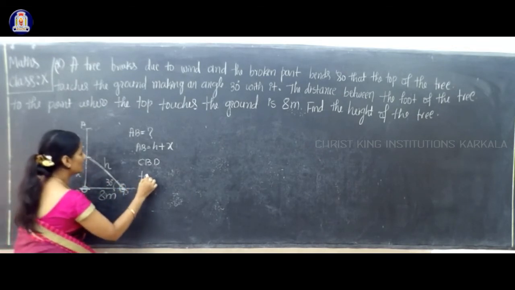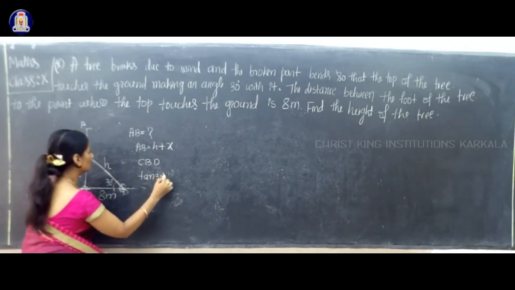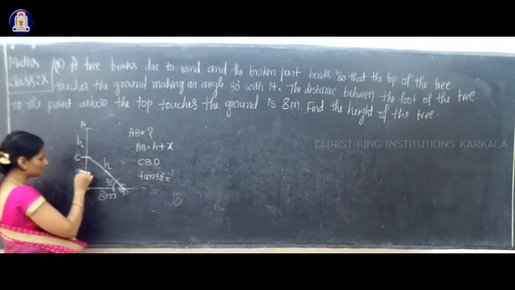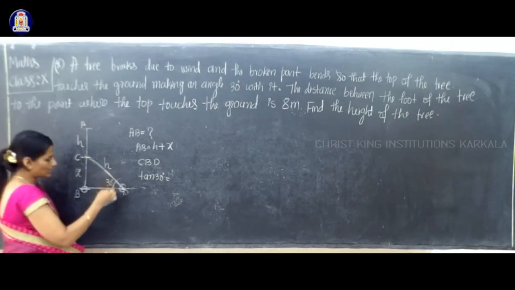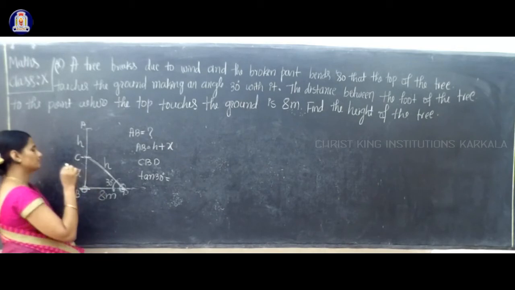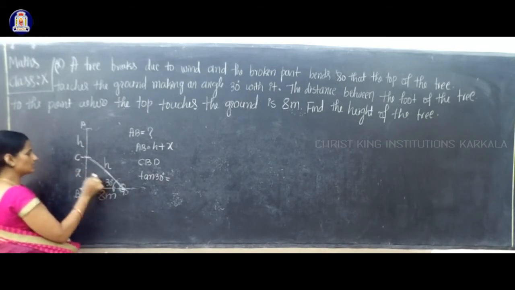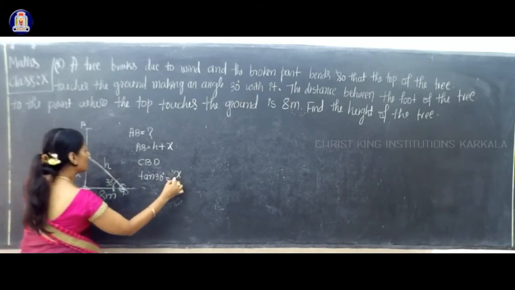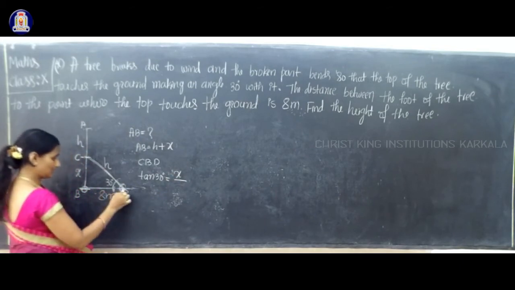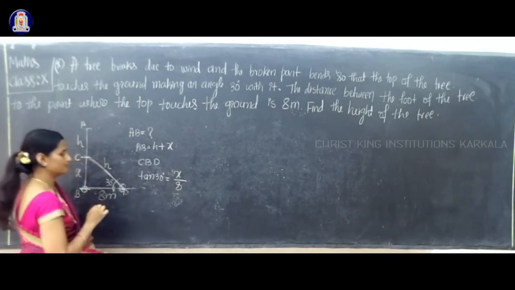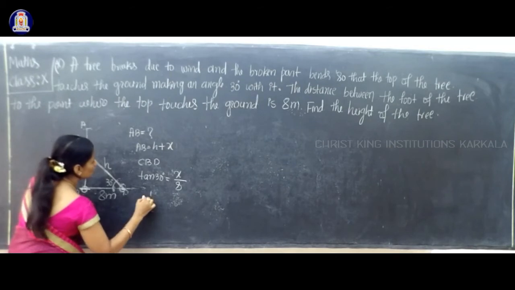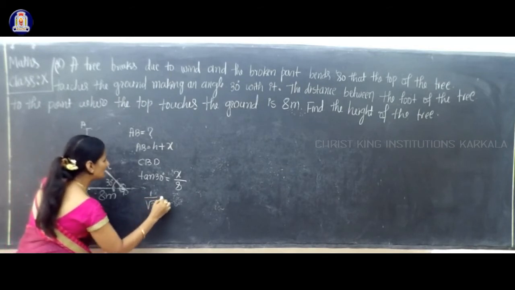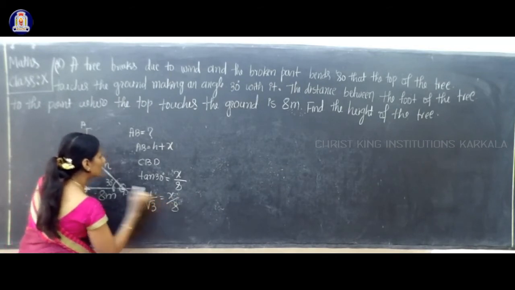So here tan 30 degrees is equal to what? This angle means this is the opposite side, hypotenuse and adjacent side, right? Now which is your opposite side? X divided by the adjacent side, which is how much here? 8. Tan 30 is 1 by root 3, equal to X divided by 8.